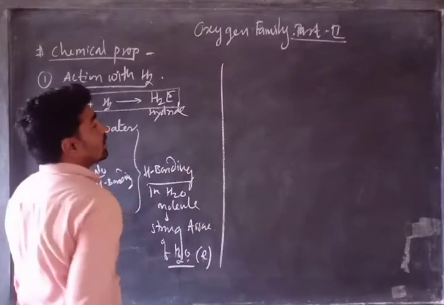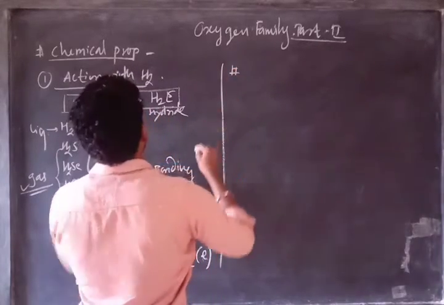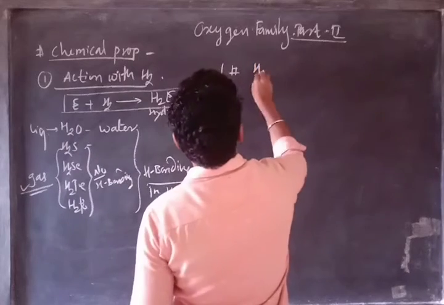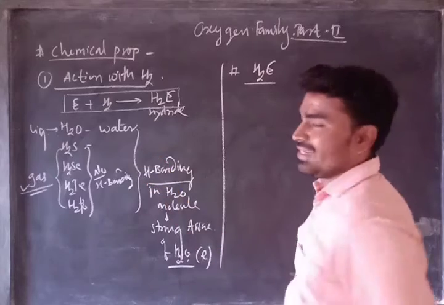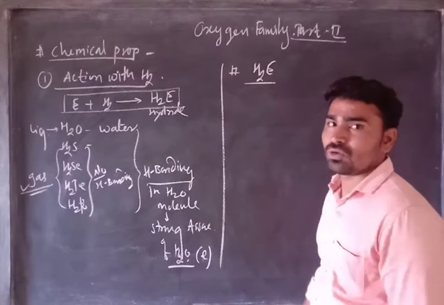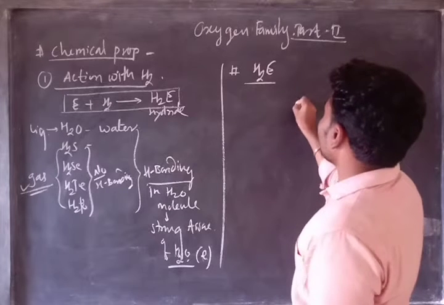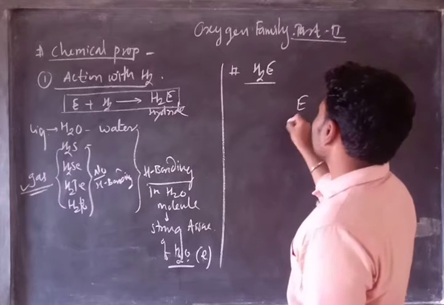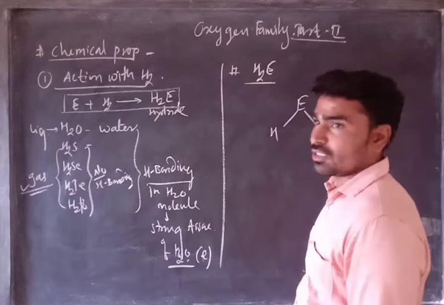So if we learn about the structure and shape of the hydrides, these H2E, this E may be oxygen, sulfur, selenium, tellurium, or polonium. The structure is like this. Here E is the central atom, and two hydrogens are at these positions.